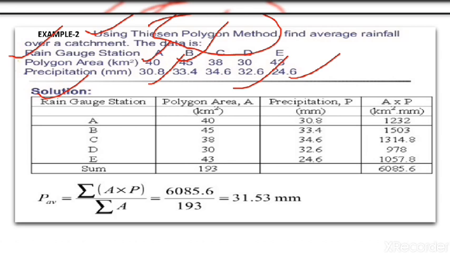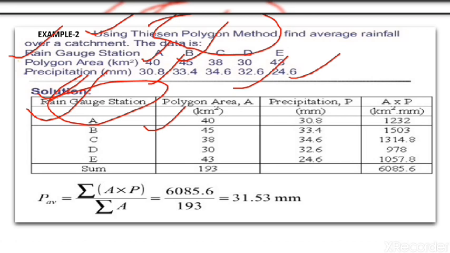In the table, I used a total of 4 columns. In the first column, I have written the names of the rain gauge stations given in the question: A, B, C, D, E. In the second column, I have written the polygon area in square kilometers, also given in the question.